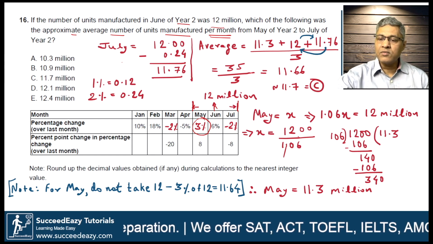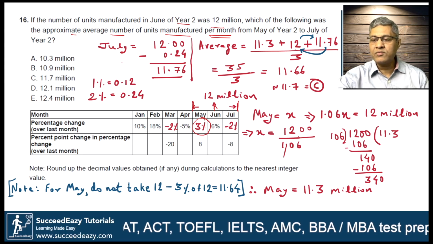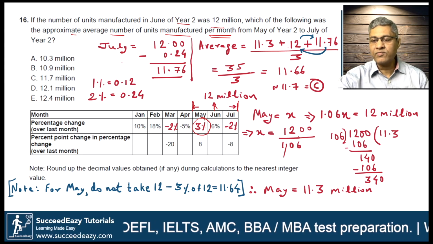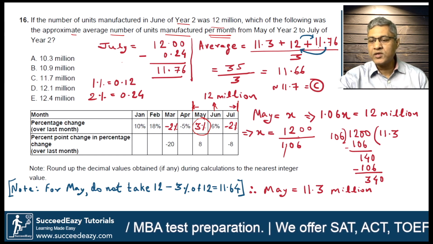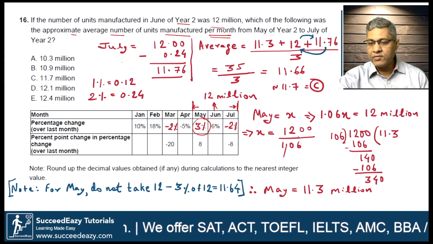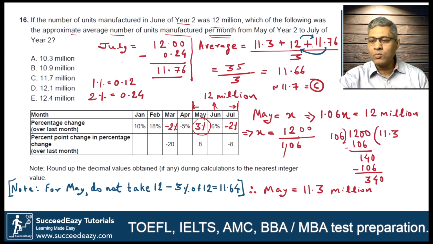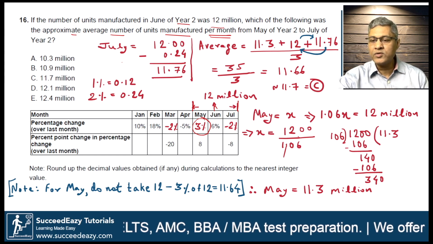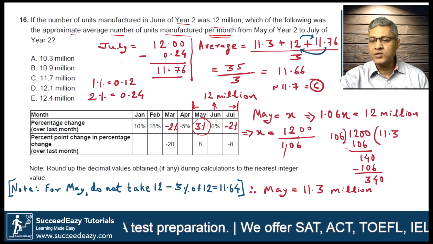But look, instead of doing this calculation, if you look at the data, you can observe very clearly that if you arrange the values as 11.3, 11.76 and 12, there are 3 values, and look, they are almost equally dispersed, right? What is the difference between 11.3 and 11.76?